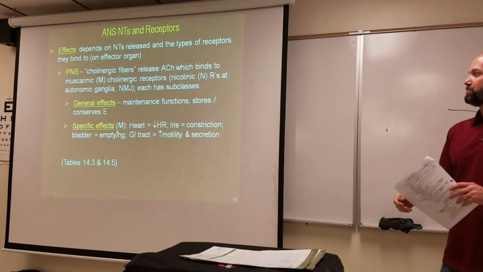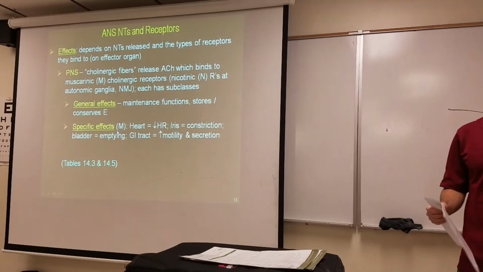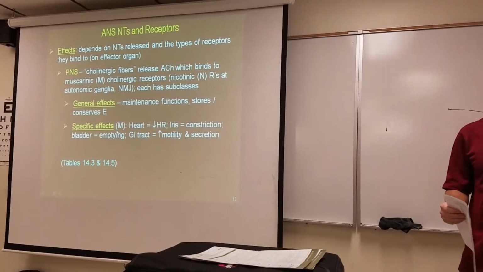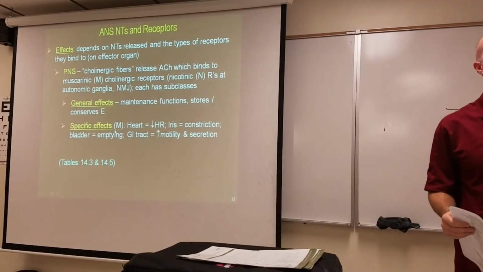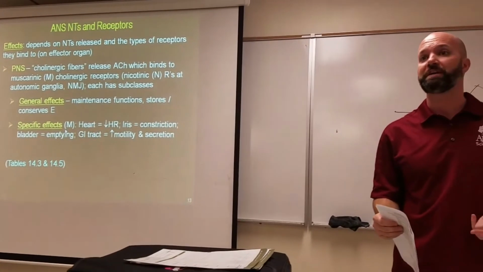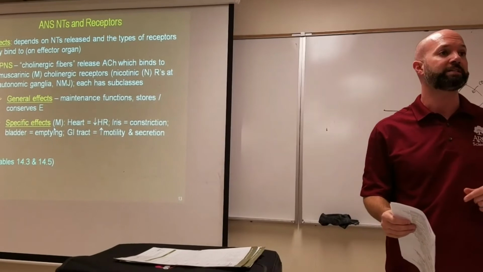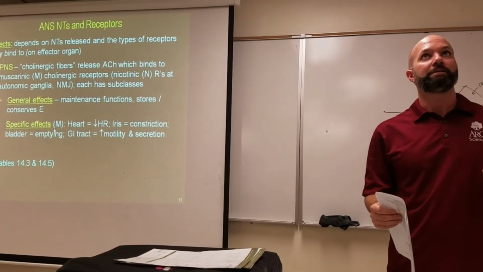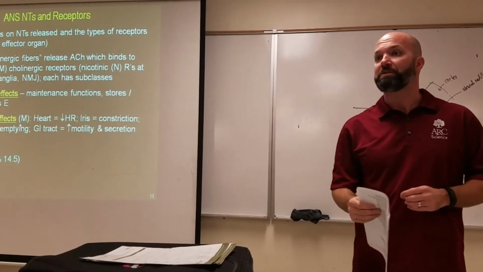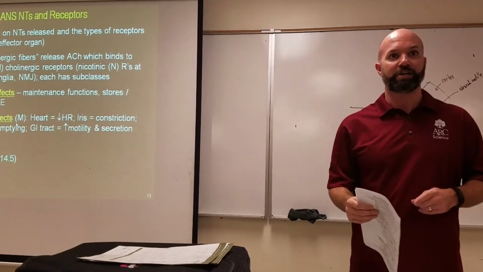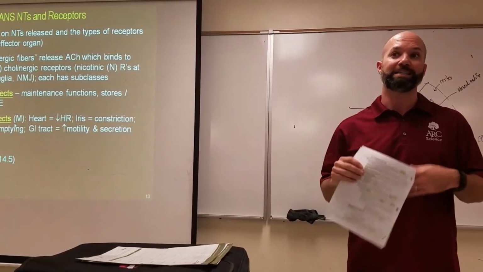We consider this to be rest and digest. The anatomical nickname for the parasympathetic division is craniosacral. It reminds you where you find the preganglionic cell bodies. The functional nickname, rest and digest, reminds you of what it does.